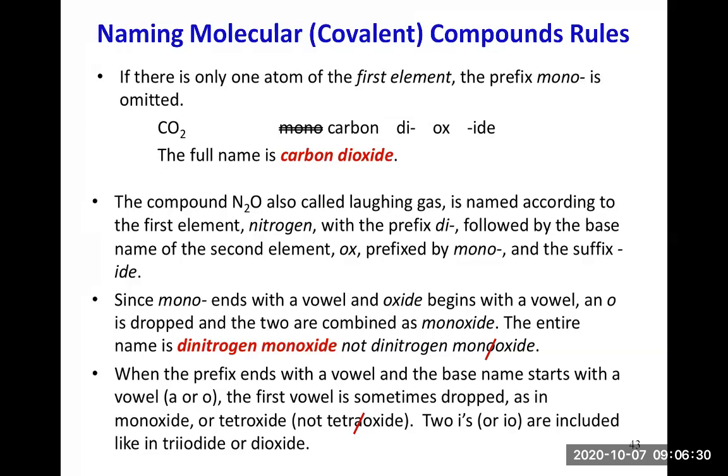They are part of the name, like iodine, it's triiodide. We don't remove an I in this case because it's needed. And with IO, we don't remove a vowel either. So dioxide, we keep it dioxide. We don't say doxide. So for the I's, we keep them. But the A's and the O's, if one is in front of another A or O, we drop the first one.